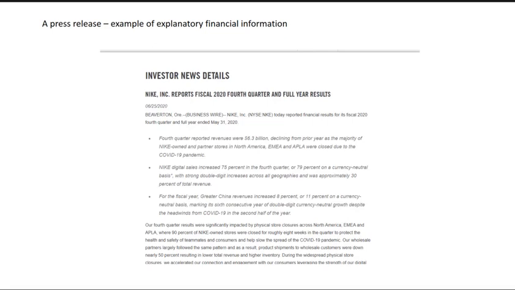And you can see that they have given us some explanation about what their results were for the last year, last 3 months, and what happened with sales, where those came from and how they were affected by the pandemic, that sort of thing, in this news release. So this is explanatory financial information. It's not in the form of financial statements. This is more just words and explanation.